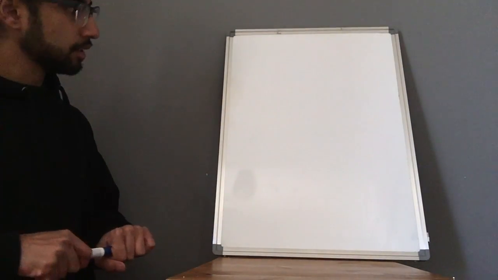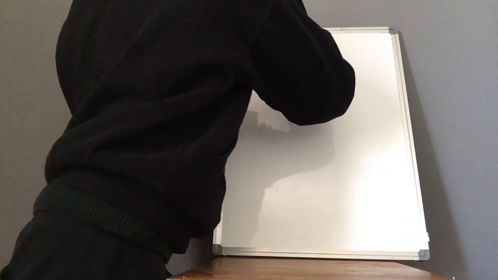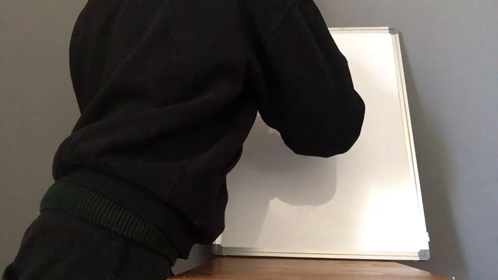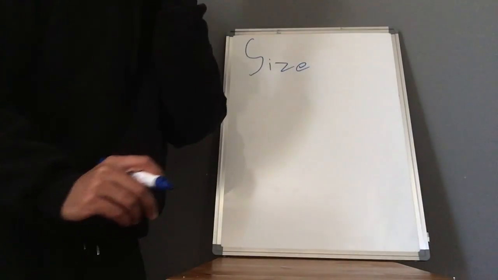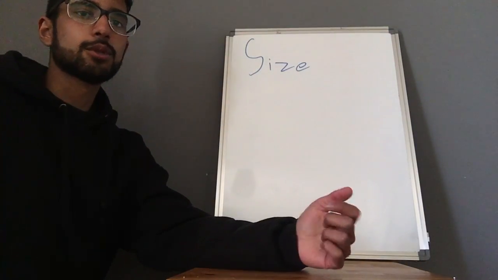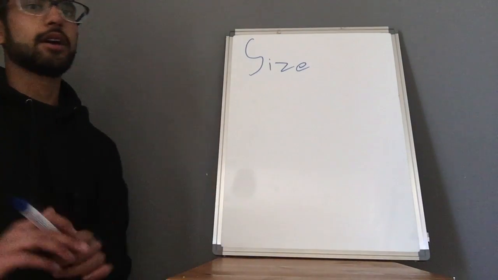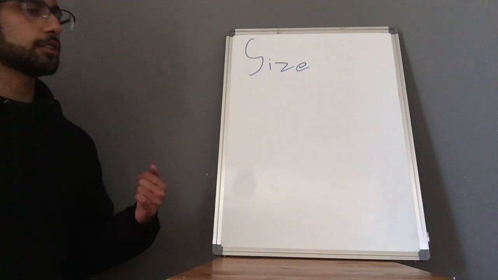So, next one we're going to be talking about is size. So all adjectives to do with the size of an object. So the obvious ones, big, small. You can have tall, short, long, short again, fat, large, any of these.